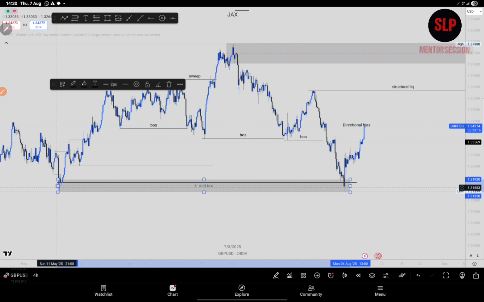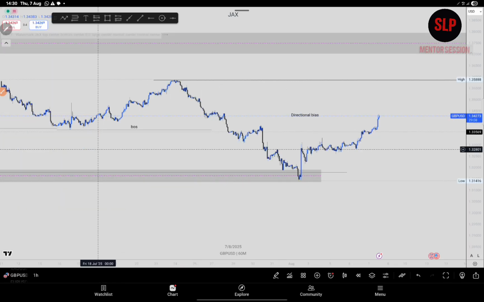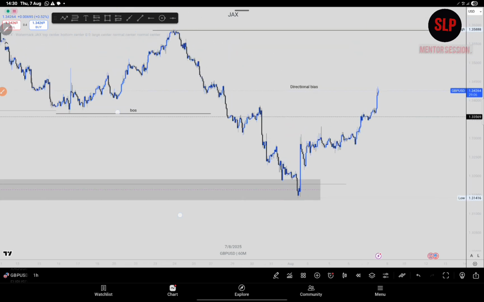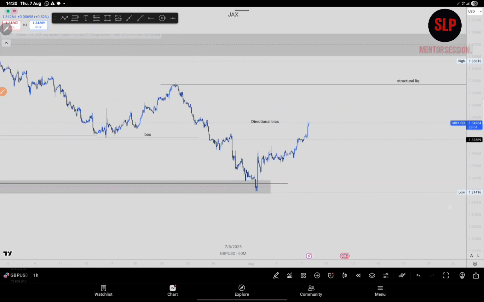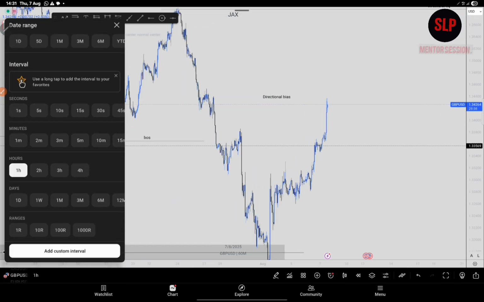Next thing I wait for is my reaction. I saw that the market has started pushing to the upside. I'll be waiting for it in my 1 hour time frame. So we have targets. This is our first target. Or if you don't want to target the structural liquidity as your first target, you could still.